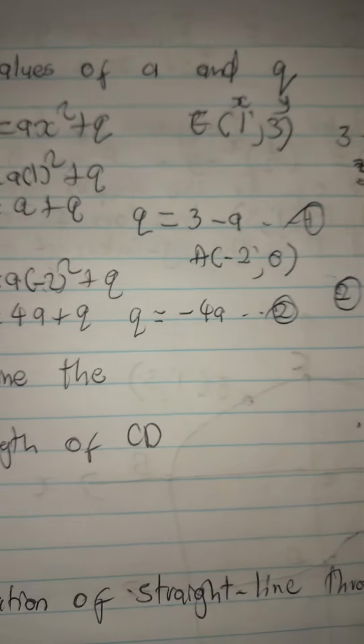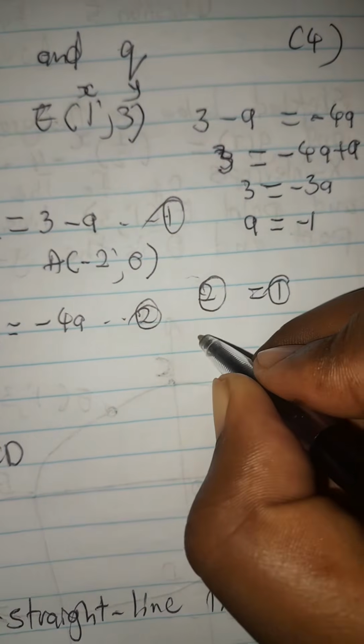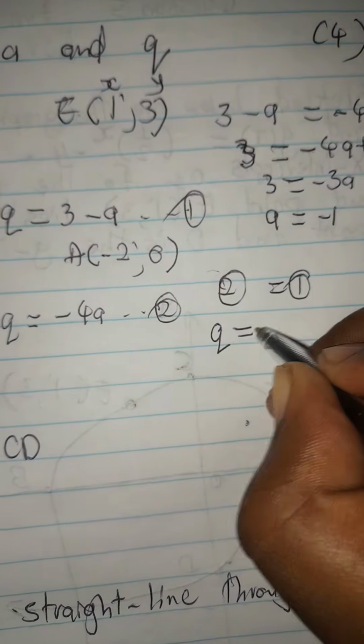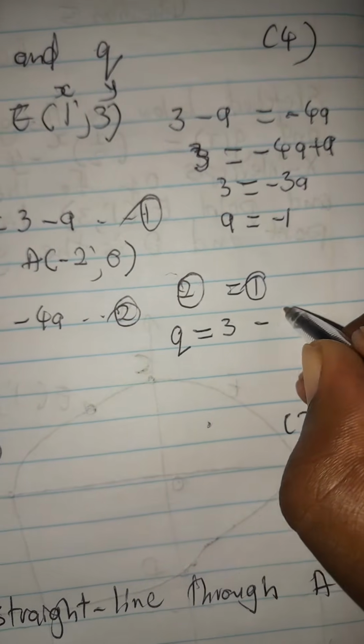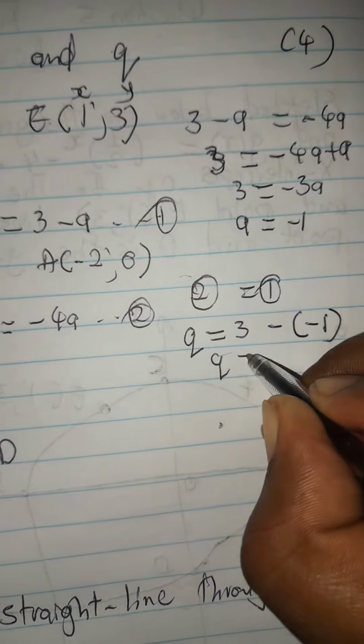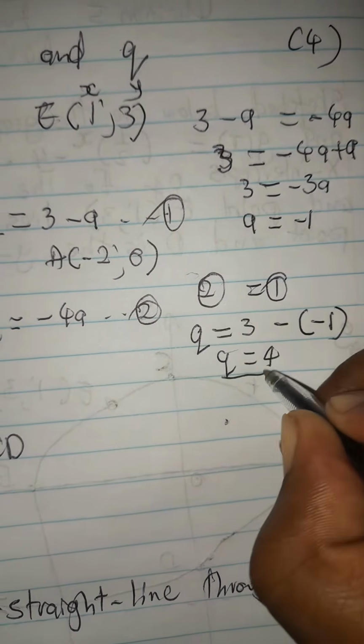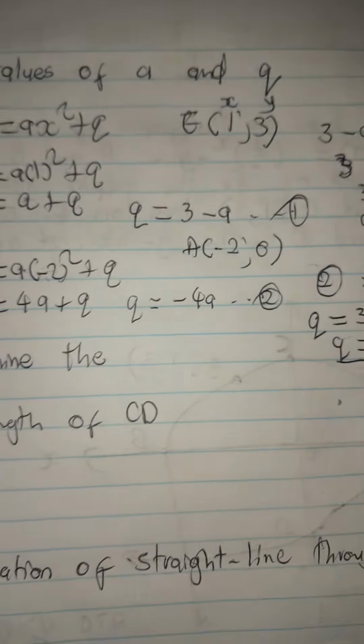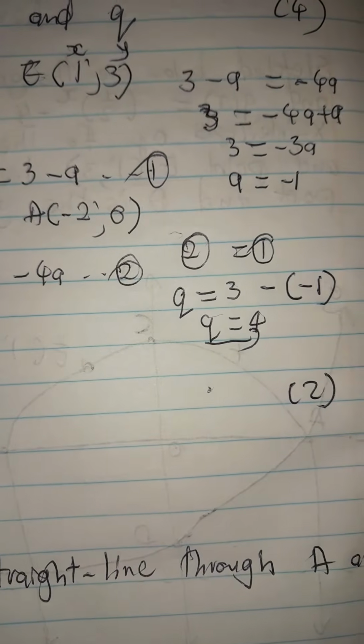So we are not done. They said we need to find q. We can substitute a into any of the equations above. Let's substitute into equation 1. We are going to say 3 minus negative 1, which is going to be positive 4. Definitely, we now have a as negative 1 and q as positive 4.